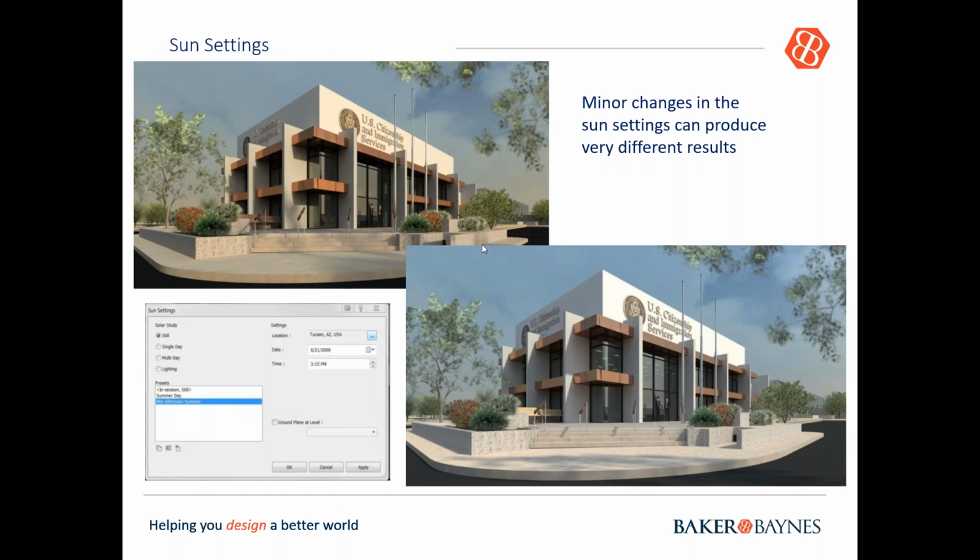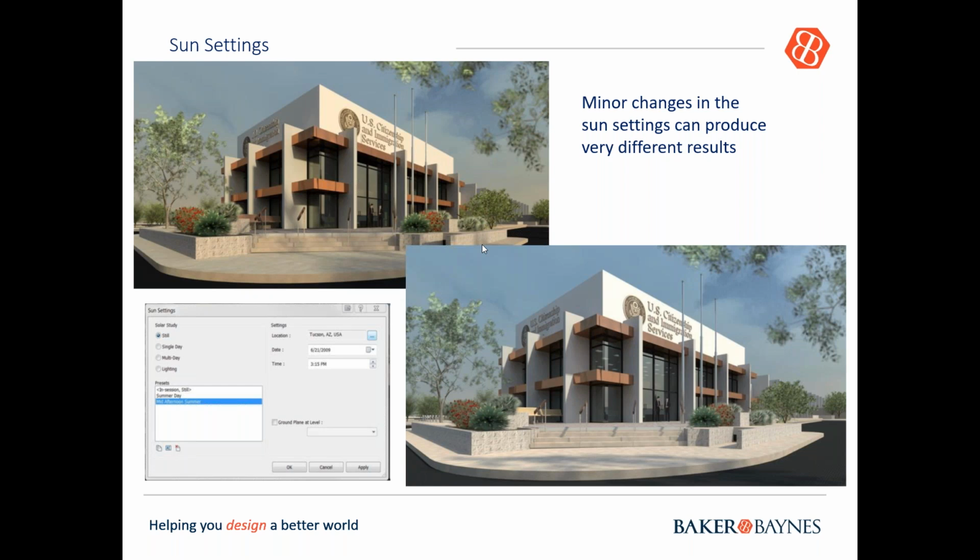These two images demonstrate how the sun's position can affect the materials, the glass transparency, how it reflects, as well as the total feel of the image. In this example, the settings are identical.